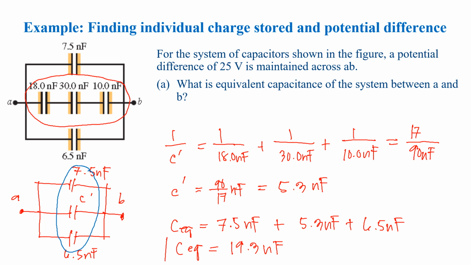So this is the equivalent capacitance of the system between A and B. So again, what we did was we first simplified these three, which are in series, and then we are left with three capacitors. And these three capacitors are in parallel to each other. And we got the equivalent capacitance of just one capacitor, equal to 19.3 nanofarads.